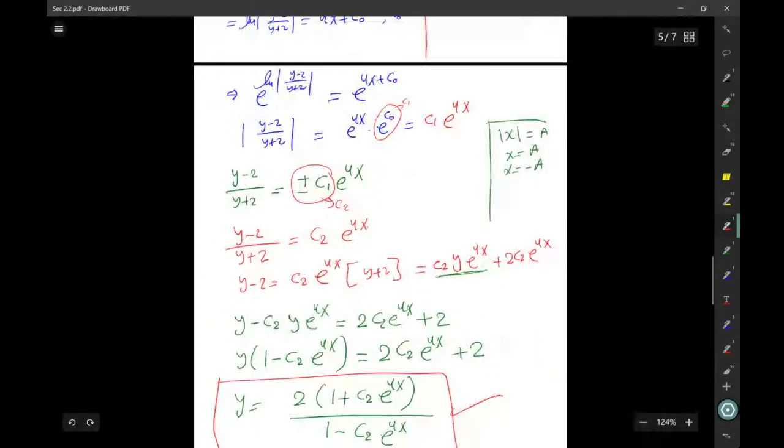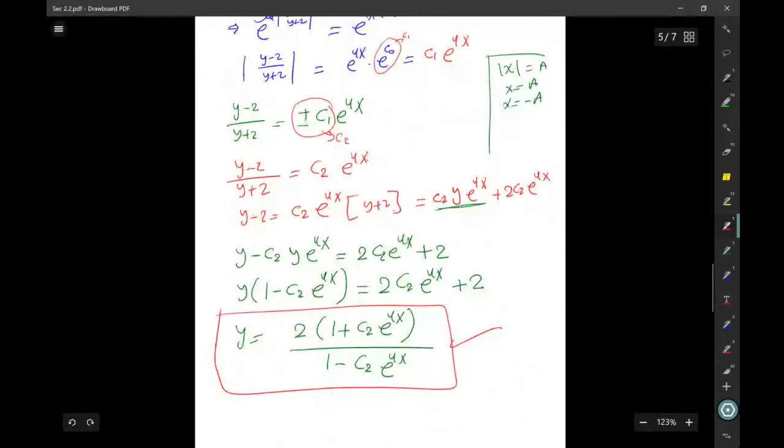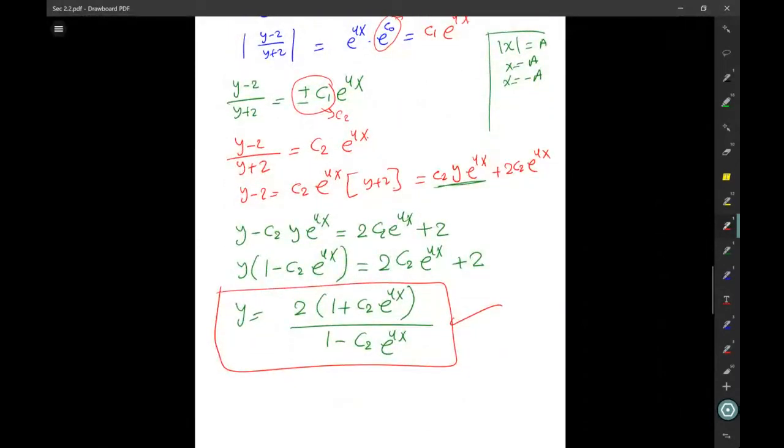Any question here? Any question about this example? You need to simplify your solution to write it as an explicit solution. All right. Any question here?